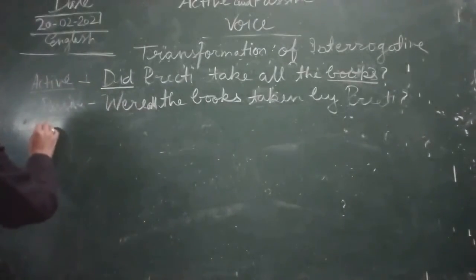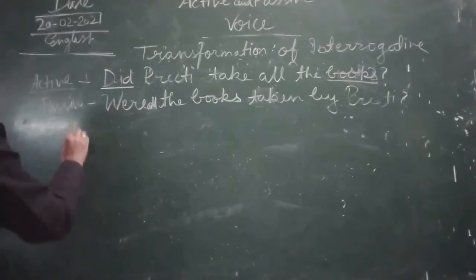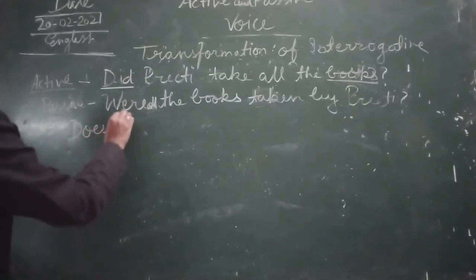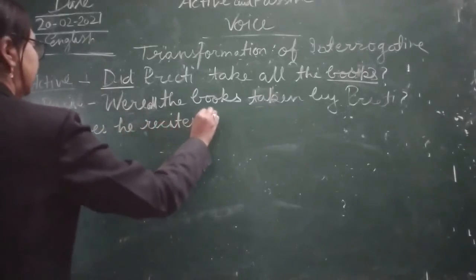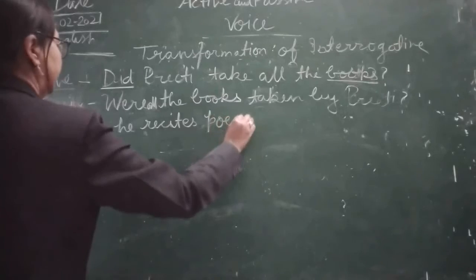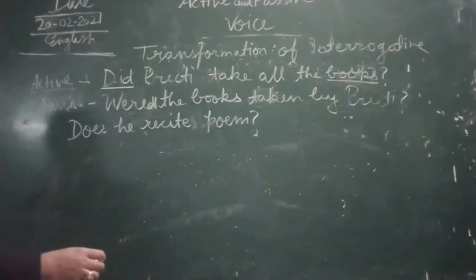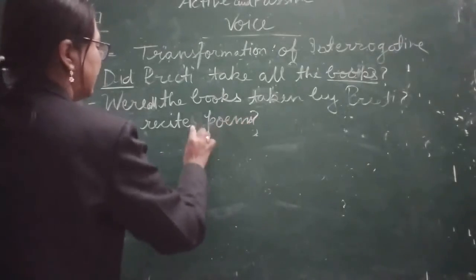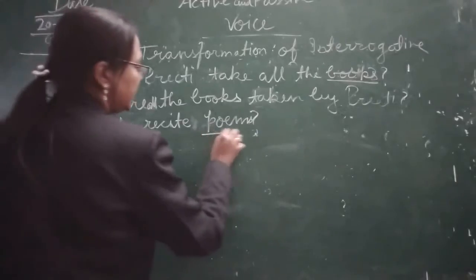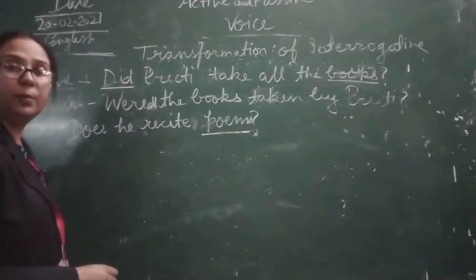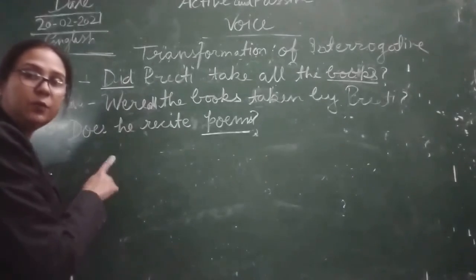Now, next example. Does he recite poems? Because here you can see poems in the plural form, and here you can see does is written over here. So what we will do?